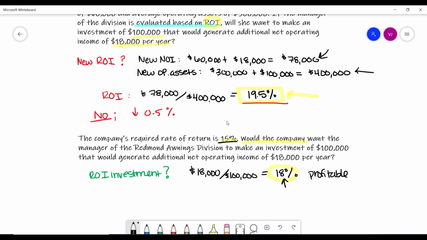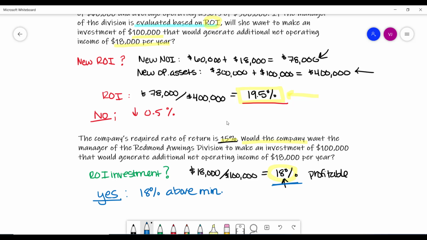So from the overall company's perspective, would they want her to invest in this project? The answer is yes. And why is the answer yes? Because 18% is above the minimum required rate of return. But the 18% is just the project itself, the profitability of that investment.